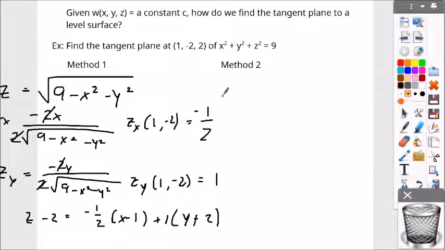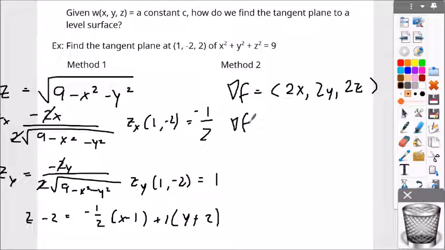So that means that the gradient of f is equal to 2x, 2y, 2z. So the gradient of f at 1, -2, 2 is 2, -4, 4.